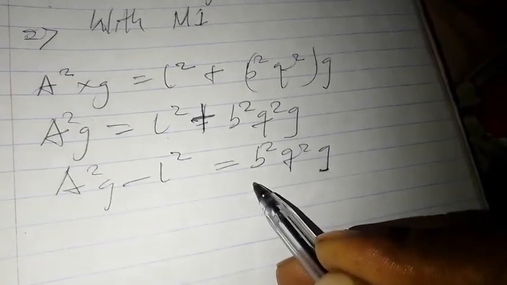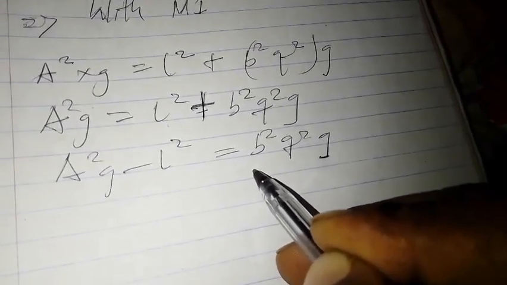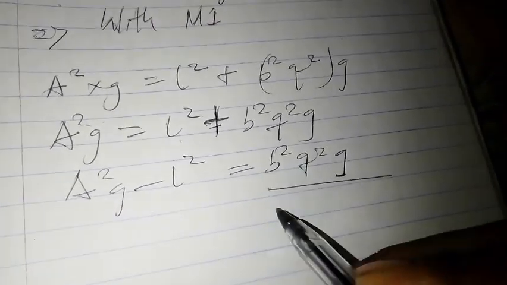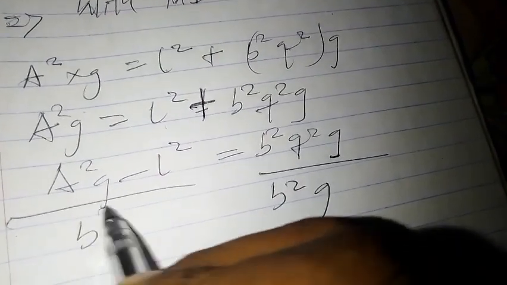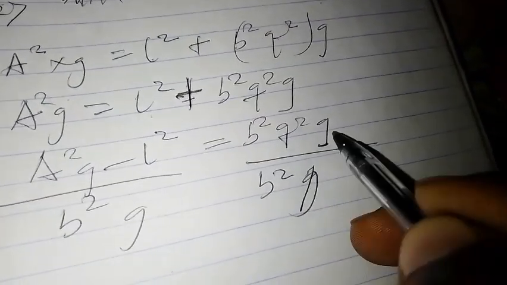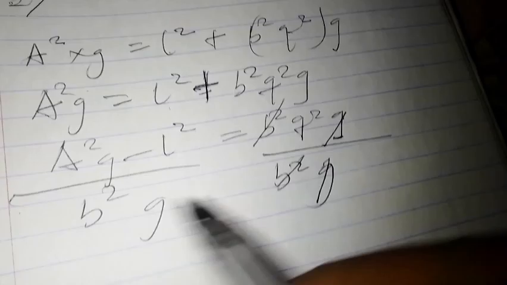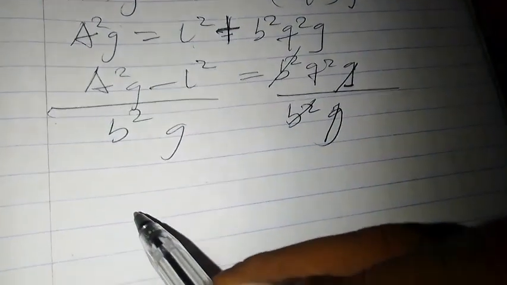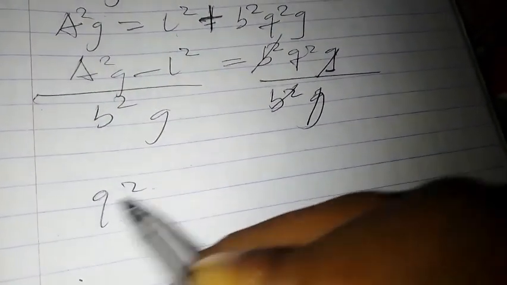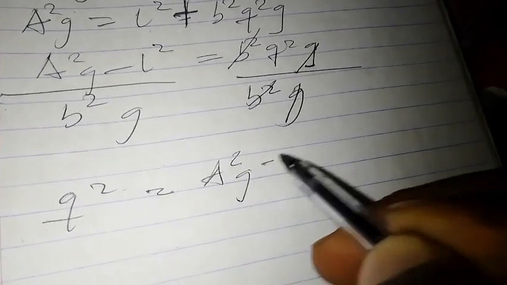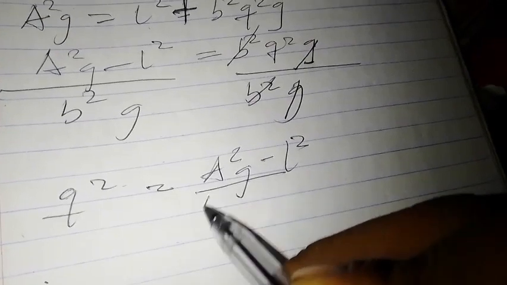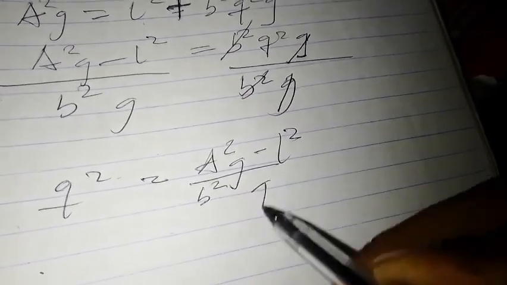Here we're going to divide through by B squared G, so B squared G all over B squared G cancel out so that Q squared can stand alone. So Q squared is equal to A squared G minus L squared all over B squared G.